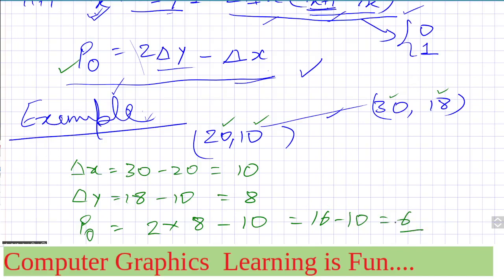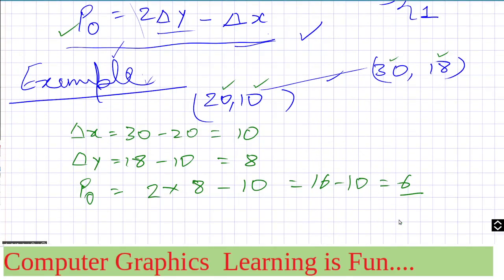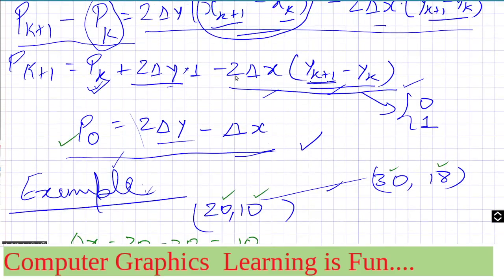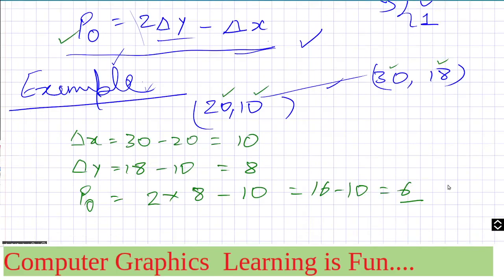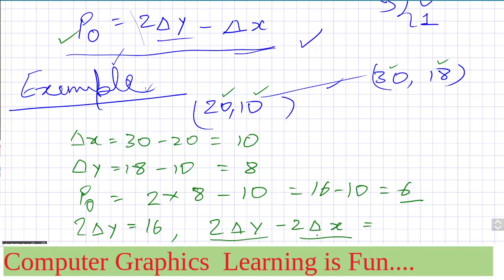Now while calculating the increments, you will have to find 2 delta y minus 2 delta x also. 2 delta y is 8 into 2, which is 16. 2 delta x is 20. So 16 minus 20 is minus 4.